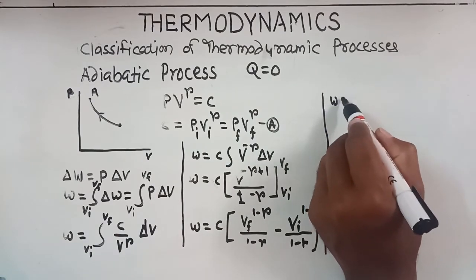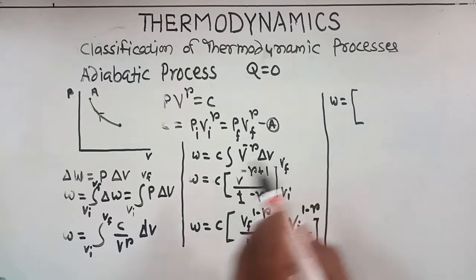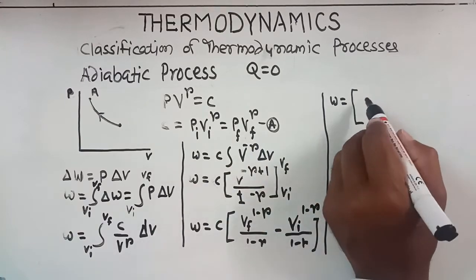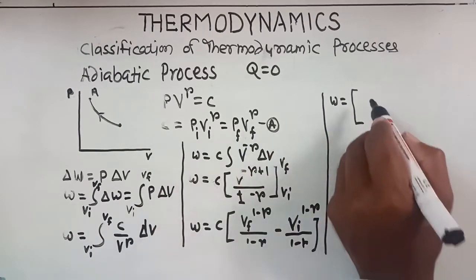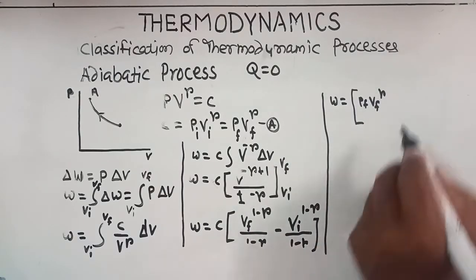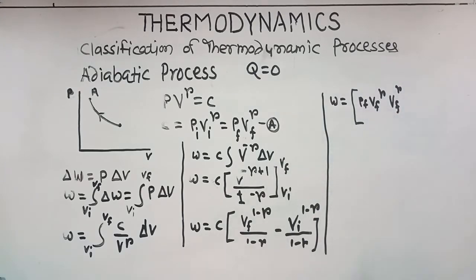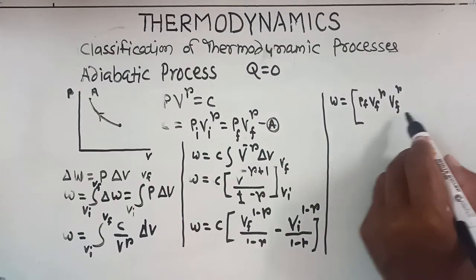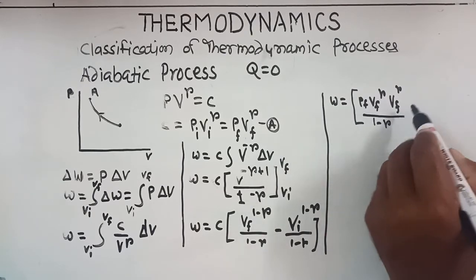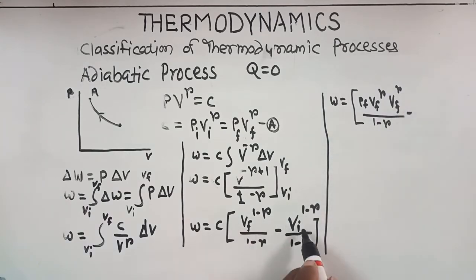We get W is equal to, for the term Vf, C is equal to Pf Vf raised to gamma into Vf raised to 1 minus gamma divided by 1 minus gamma, minus C into this term.